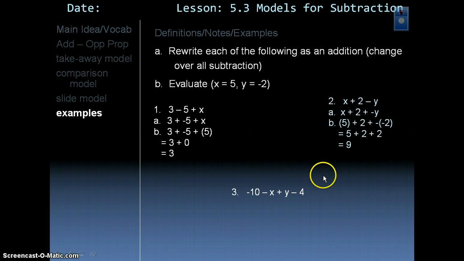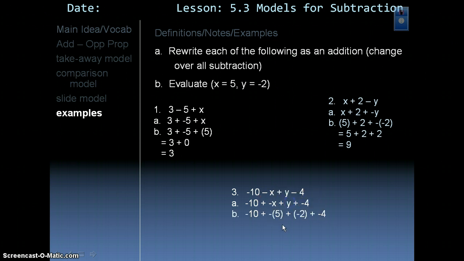And finally, in number 3, we do have 2 subtractions to change over. Instead of a minus x, we have plus the opposite of x, so we applied an opposite on the x following the subtraction. Instead of minus 4, we have plus the opposite of 4. In order to follow through on part B evaluating, we do need to substitute. X is a 5 and y is a negative 2.